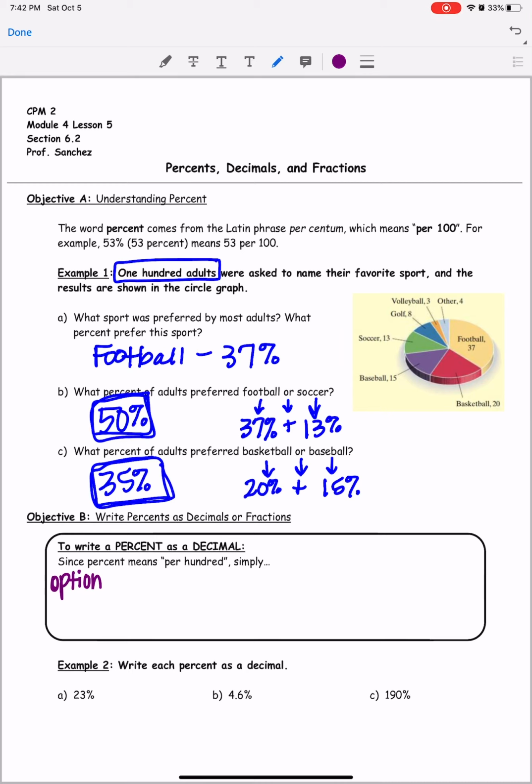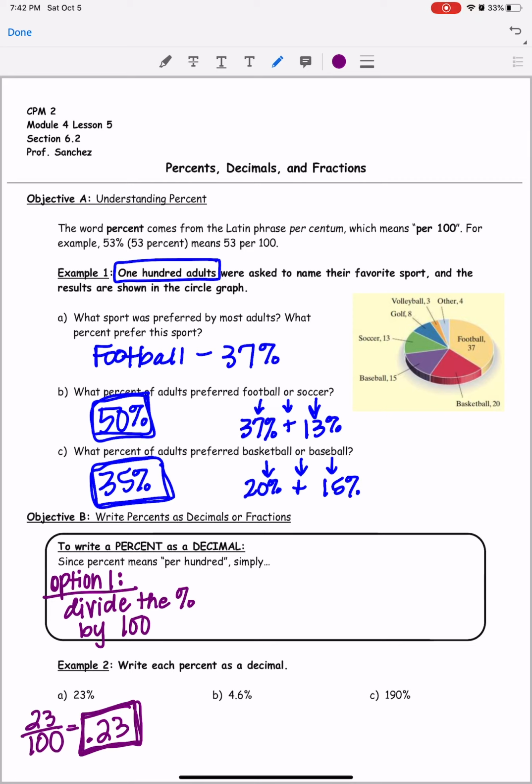Option 1, you can simply divide the percent by 100. So for example, on A, we would just do 23 divided by 100. If you put that in your calculator, you're going to get 0.23 as your decimal.